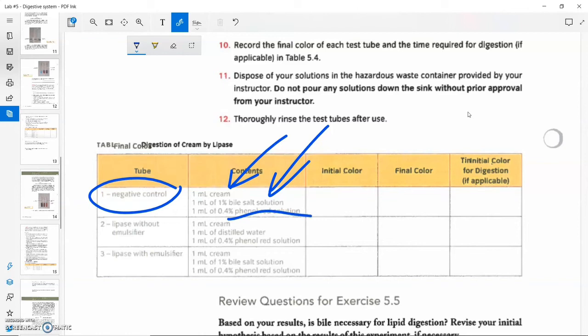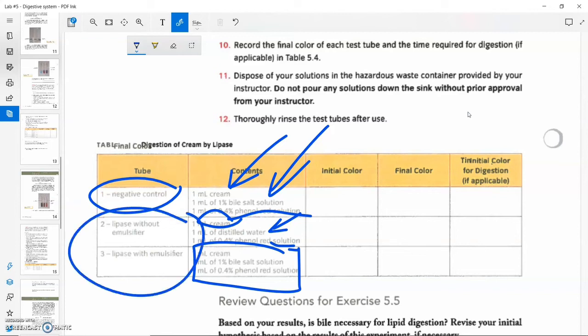In the second, we have cream, so source of fat, no bile salt, and phenol red solution. And in the third one, we have the same arrangements as the first, but in this case, in numbers 2 and 3, we add lipase.